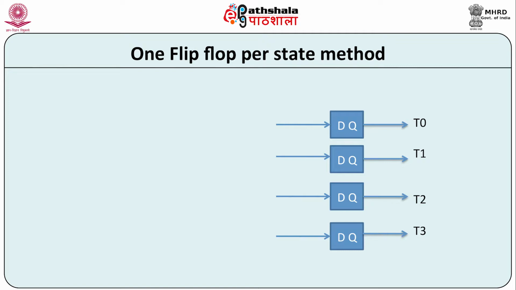It basically contains two major sections. First, it has a decision logic and number of D flip-flops. The number of D flip-flops in this circuit are 4. All these D flip-flops receive the data input from the decision logic. These flip-flops generate the output in the form of a state Ti, where i varies from 0, 1, 2 and 3 in this case.